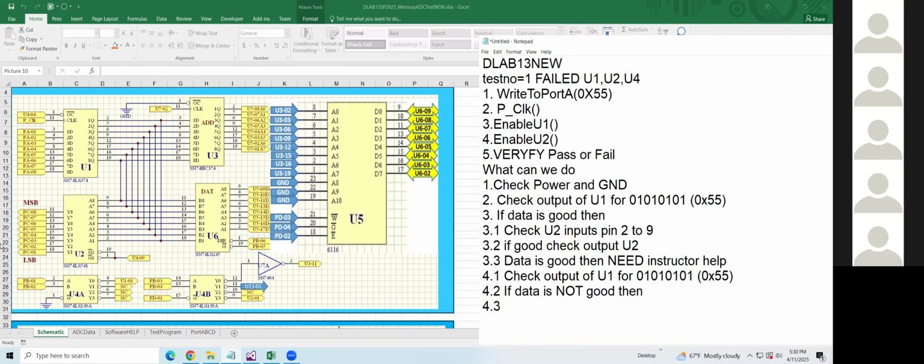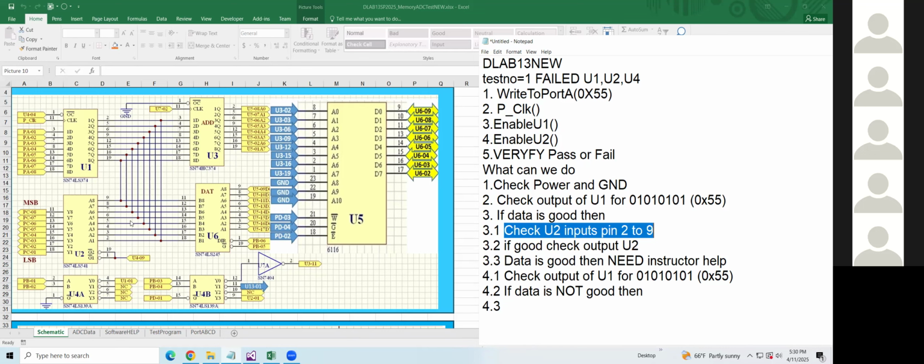That means when you run the test, they fail. Okay. And that one, the first one, I'm telling you. Take output A1. It's good. Take U2 input pin 9.